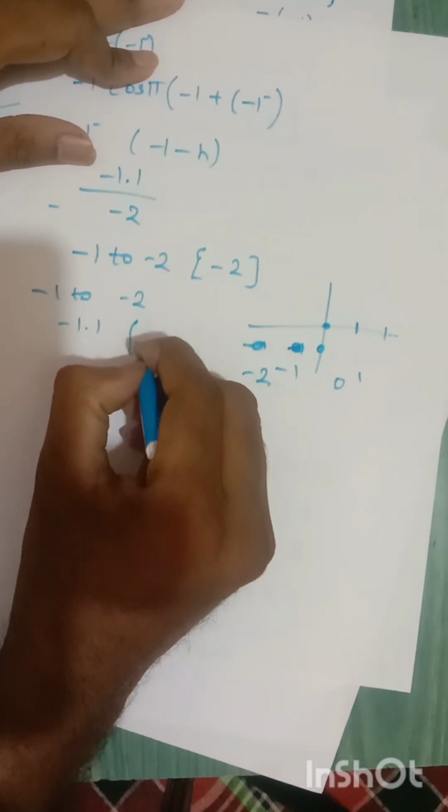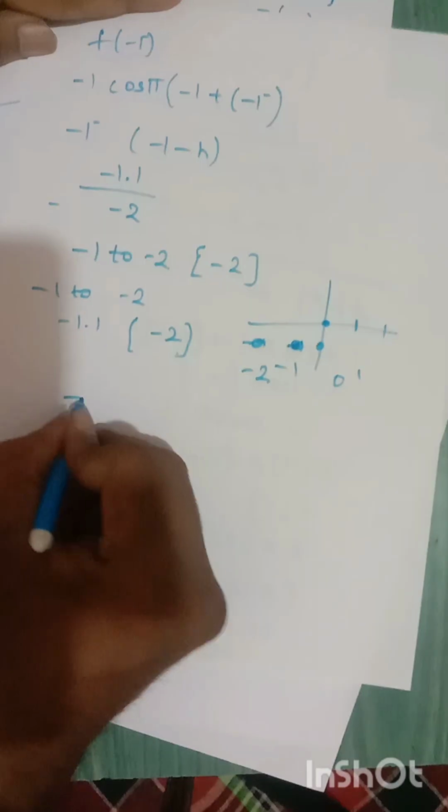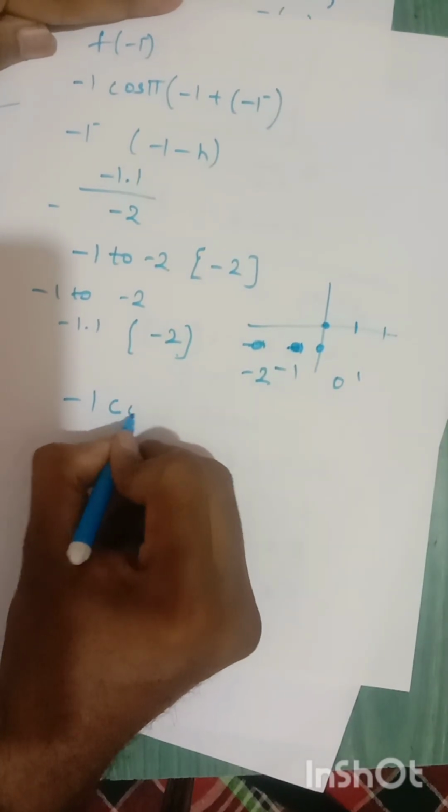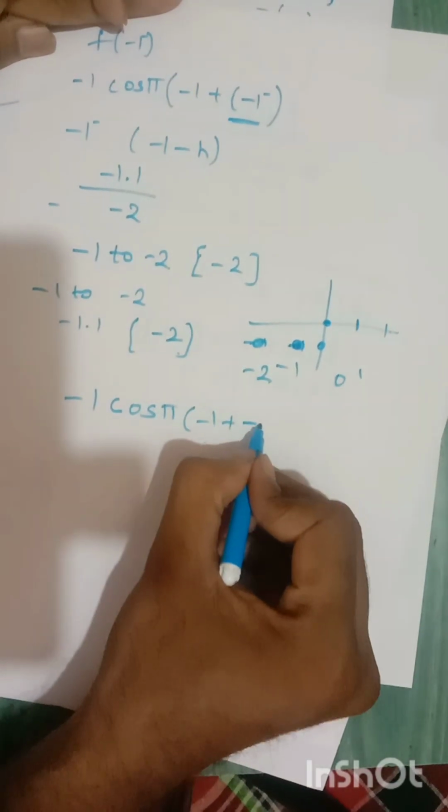So we are taking the greatest integer value as minus 2, and putting this minus 2 in this equation, the value of minus 1 minus will be minus 2 because of the greatest integer function.